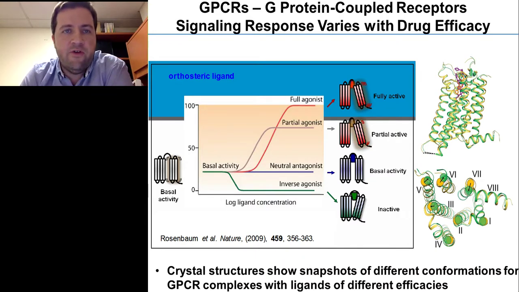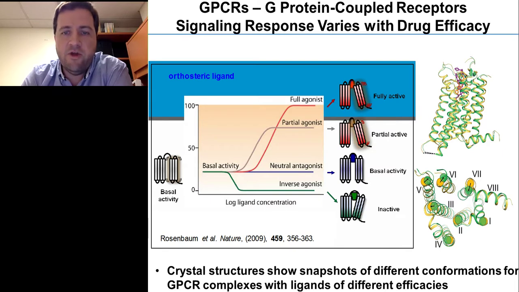So now what is the consequence of these drugs binding to the receptor in terms of their structure? Well, we solved a number of different GPCR structures with X-ray crystallography for different kinds of drugs of different efficacies. And here are just two examples. On the right side of the slide, at the top is a side view of a superposition of two crystal structures of the adenosine A2A receptor. This is in complex with an antagonist, and then also in complex with an agonist.